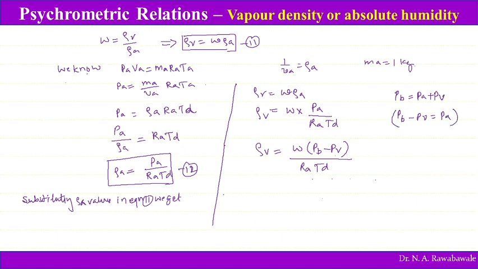So according to Dalton's law of partial pressure, total pressure is sum of partial pressure of air plus partial pressure of vapor. So from this we get this PA is equal to PB minus PV. So this PA is replaced by PB minus PV, we get this equation. Where we know that this PB is barometric pressure, atmospheric pressure, then PV is vapor pressure, RA is gas constant of air, that is 0.287 kilojoules per kg Kelvin, and TD is dry bulb temperature of air.